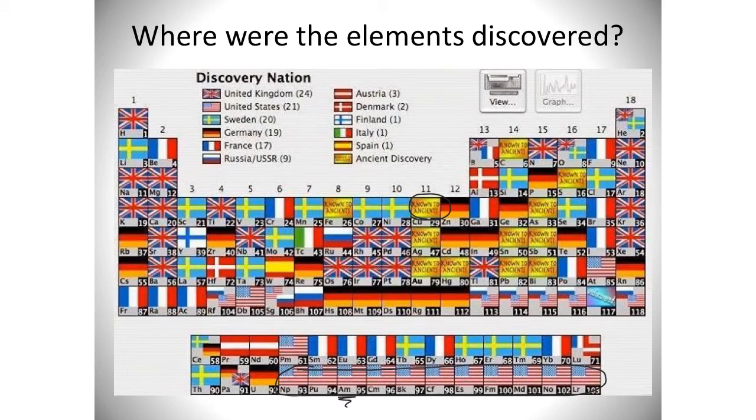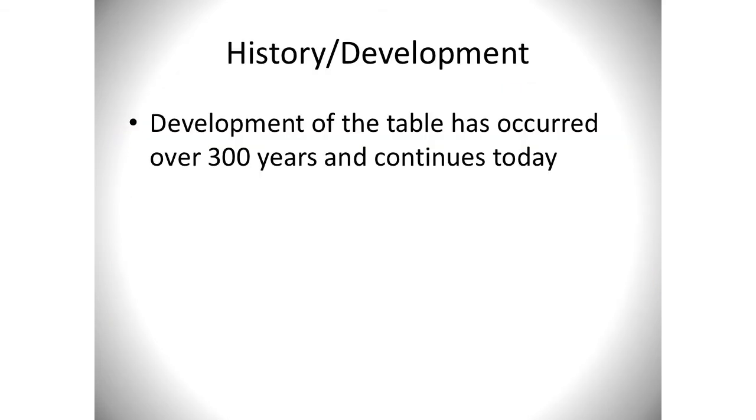There are even a few that were discovered in collaboration. So if you see the two flags, that's what that means. So what I would like you to take from this is that, just like the atom, the history and development of the periodic table has occurred over a number of years and still continues to change a little bit today as new elements are discovered.